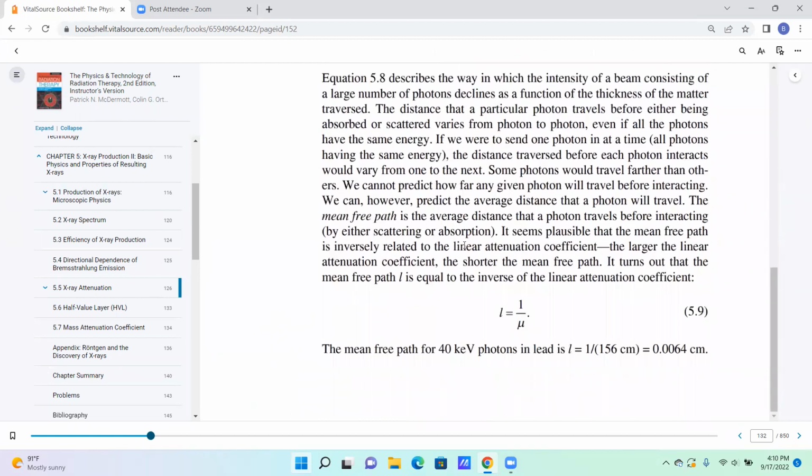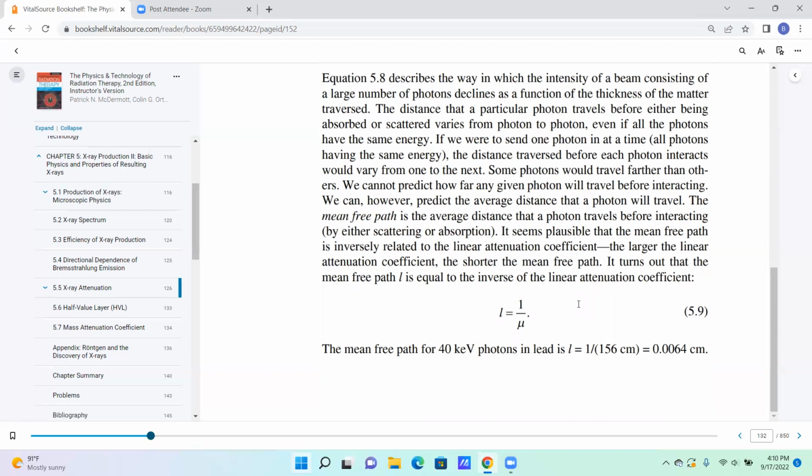Okay, mean free path. Mean free path is the average distance that a photon travels before interacting, either by scattering or absorption. It seems plausible that the mean free path is inversely related to the linear attenuation coefficient. In other words, the shorter the mean free path, the larger the attenuation coefficient.